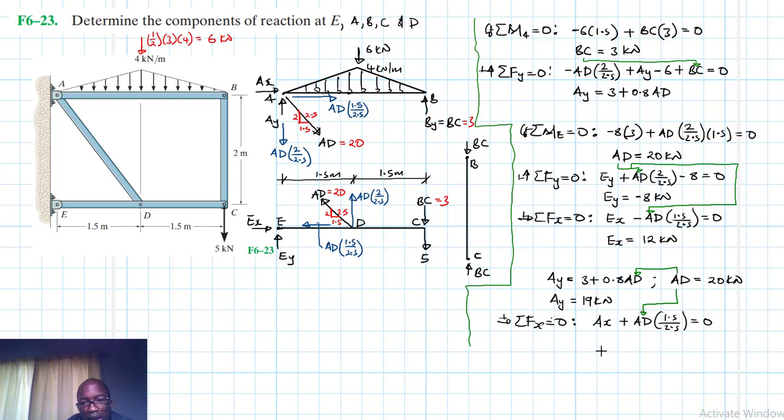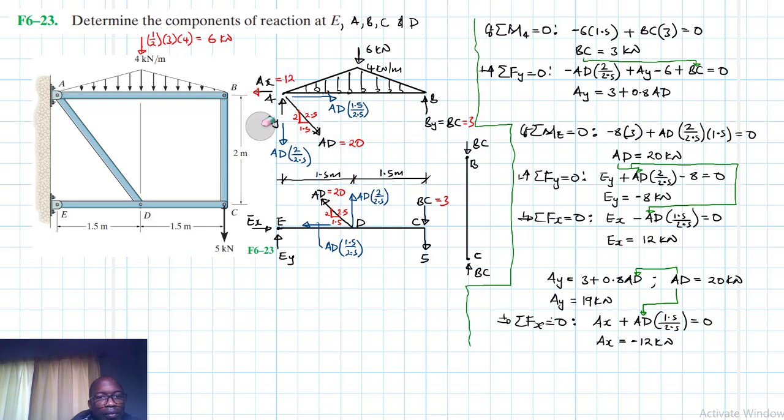We replace that AD there, we'll find that our AX is just equal to 20 by 1.5 divided by 2.5. This gives us a minus 12, which just indicates change of direction. So AX, the direction changes to be facing this side, and this is a 12.